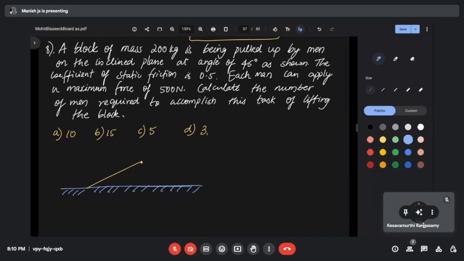So here they have placed a point. And there is a block which is kept. Here is the block. The block is tied to the pulley as shown.